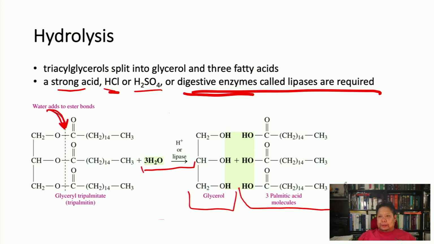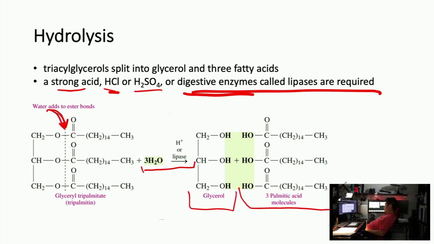So just to review, just to make sure you remember, when you consume fatty acids, they're in the form of triacylglycerols. Then they enter your digestive tract, right? And after they enter your digestive tract, they encounter things like acid and digestive enzymes called lipases. And once they do that, they are hydrolyzed, broken down by water, right?